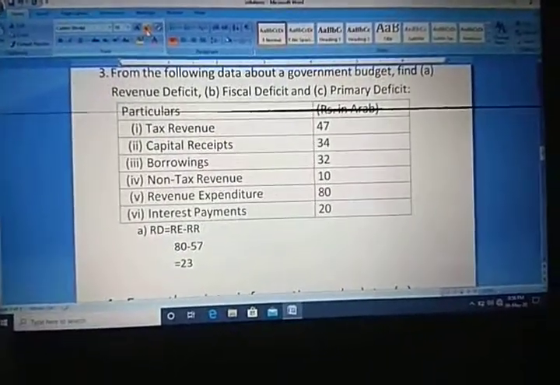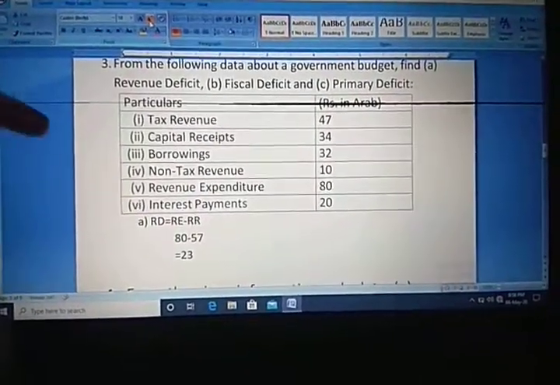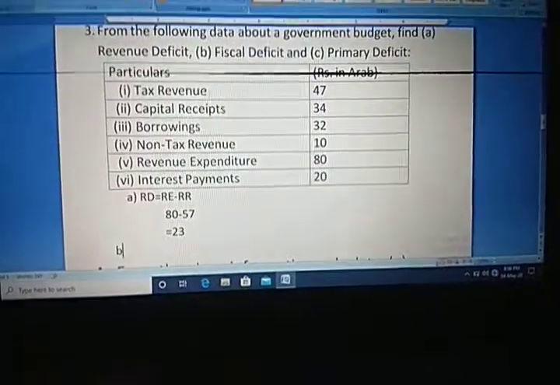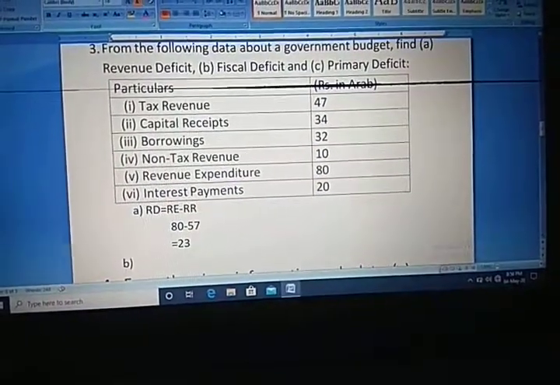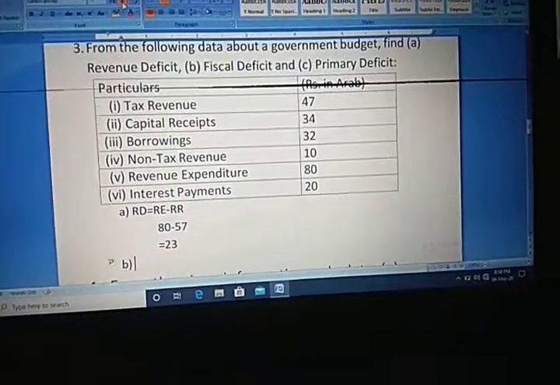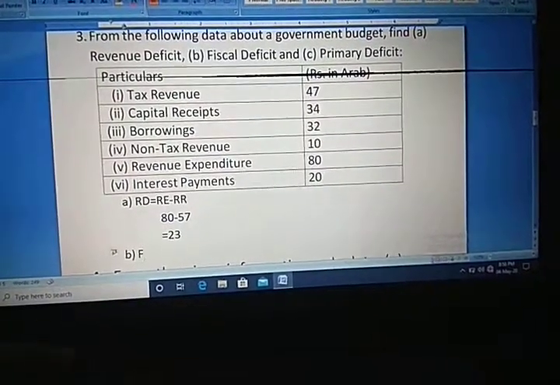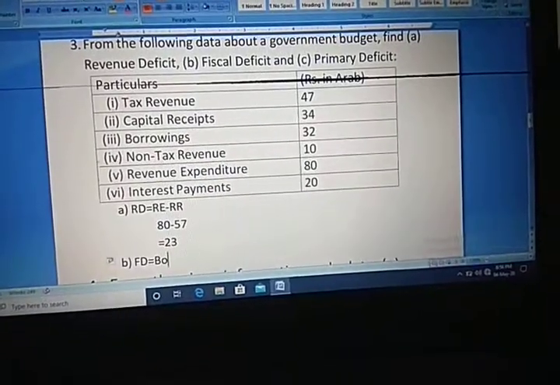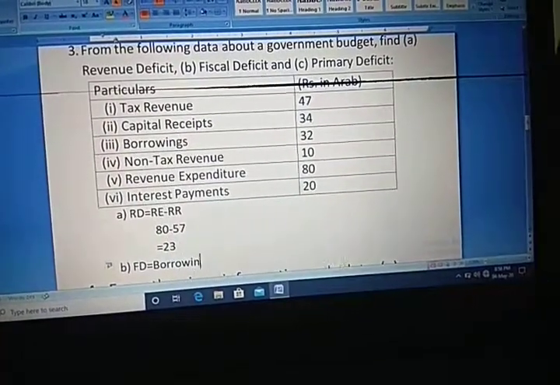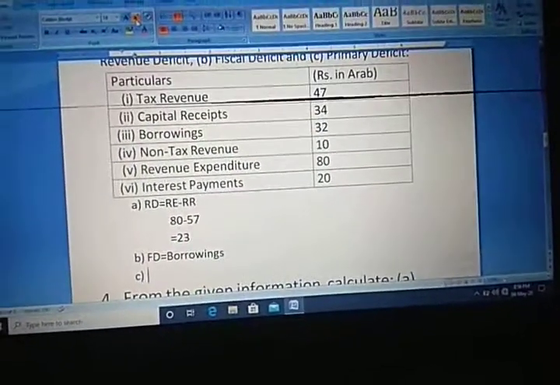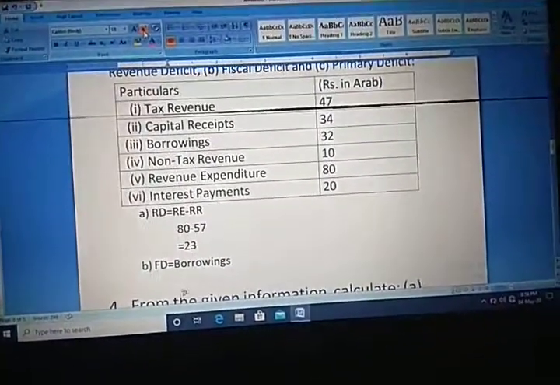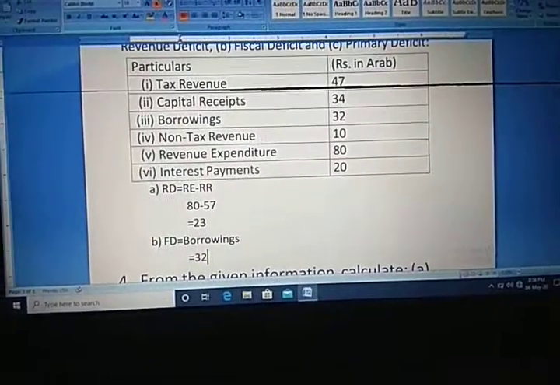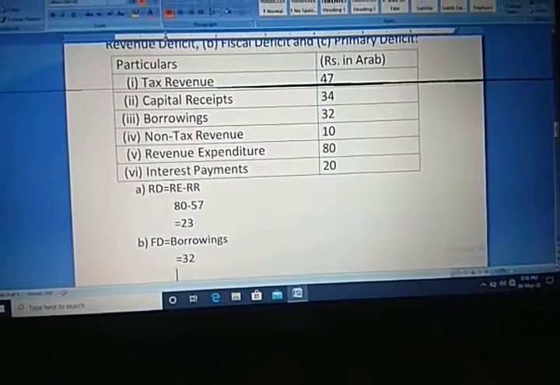The next formula is that fiscal deficit is equal to borrowing. Since we get the information directly in the question, we are going to use this formula, where fiscal deficit is equal to the amount of borrowings. Putting the values in the solution, the borrowing is equal to 32. So this is your fiscal deficit.